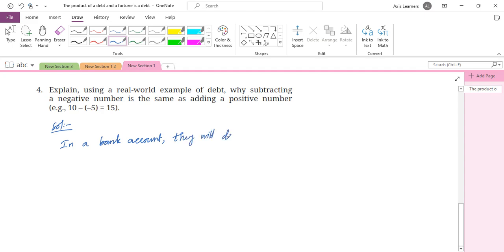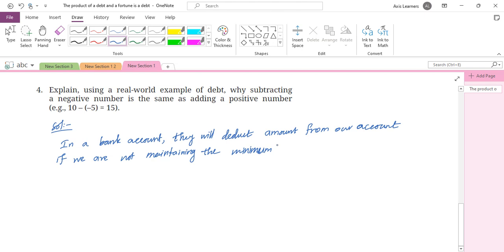They will deduct an amount from our account if we are not maintaining the minimum balance, right? So if we are not maintaining the minimum balance, they will deduct some amount.